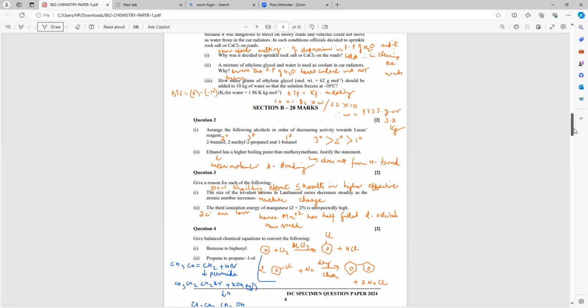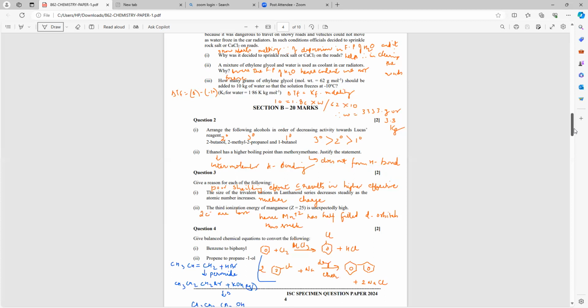Question number 3, give a reason for each of the following. Now here it says the size of the trivalent cations in the lanthanide series decreases steadily as the atomic number increases. The reason is poor shielding effect, which results in higher effective nuclear charge.